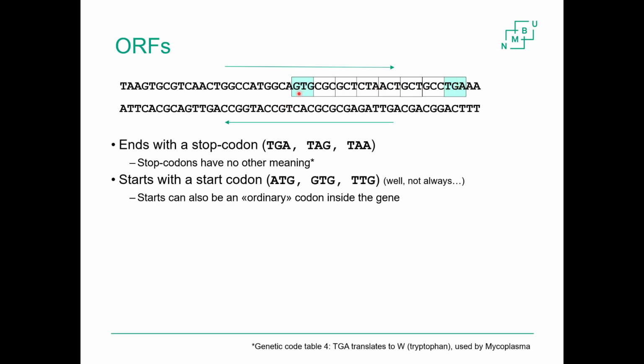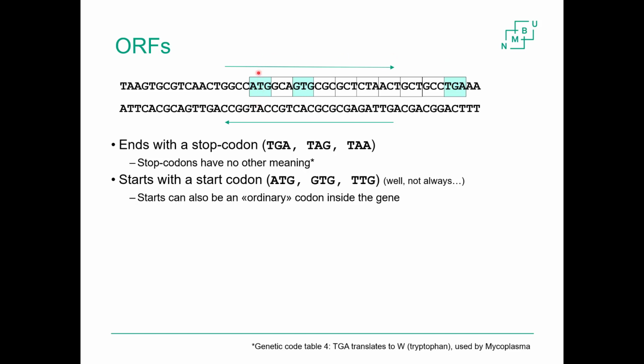But the point is that this might not actually be the start of an ORF. This could just be in the middle of an ORF. We need to go further upstream and keep looking. And here we found another possible start. So this is also an ORF, starting here and ending here.